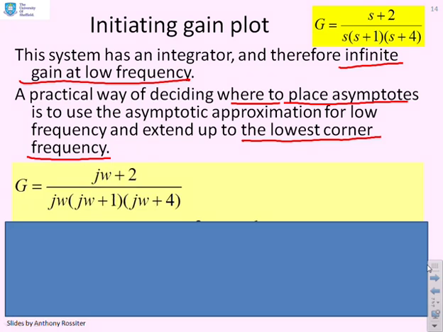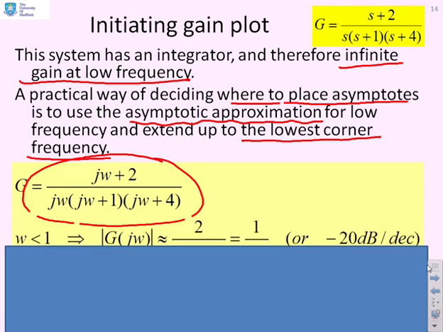So here's the transfer function. G equals (j omega plus 2) over j omega (j omega plus 1)(j omega plus 4), and we're going to use the asymptotic approximation at the lowest corner frequency.